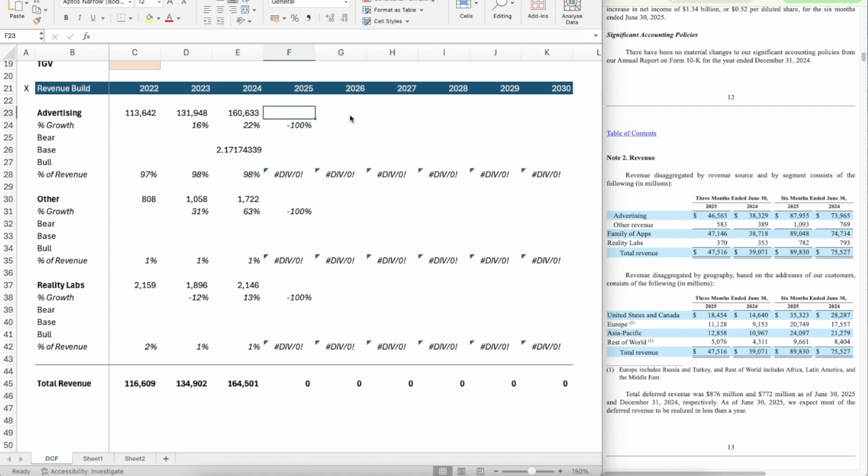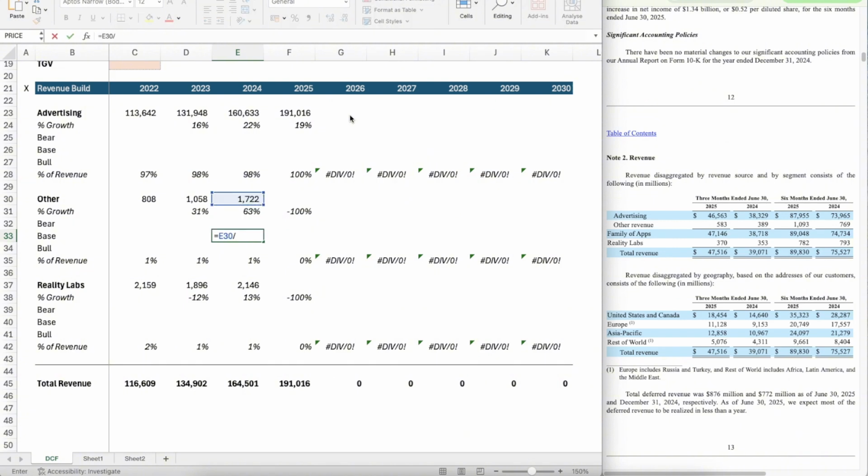So 2.1717. Wow, 19% revenue growth on an already huge amount of revenue already generated.